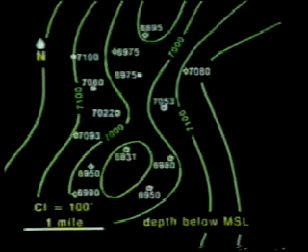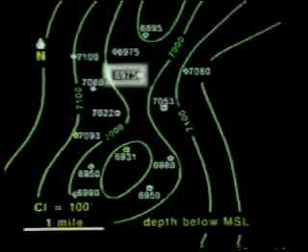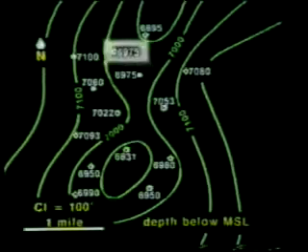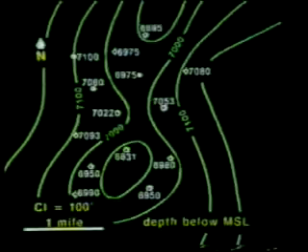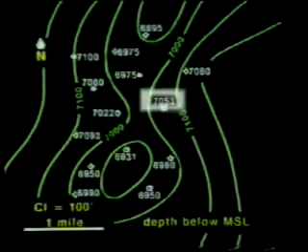In the apparent structural high in the north, oil is being produced at 6,975 feet below sea level. But at the same and higher elevations to the northwest, the reservoir is dry. At an even lower elevation, in the saddle of the structure, two wells are producing gas.